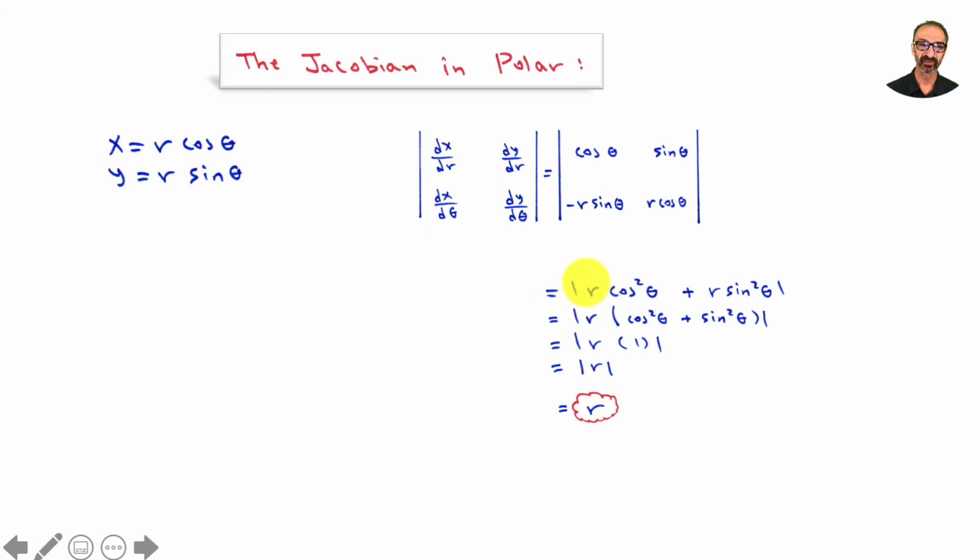But just to be on the safe side, the determinant is multiply this by this and go back and subtract the product of this diagonal. I added those vertical lines to be on the safe side for the magnitude.